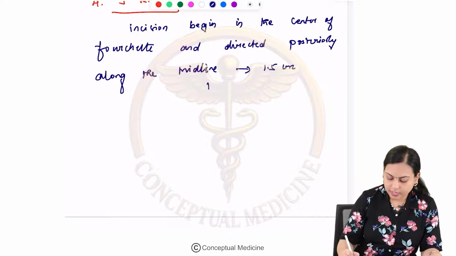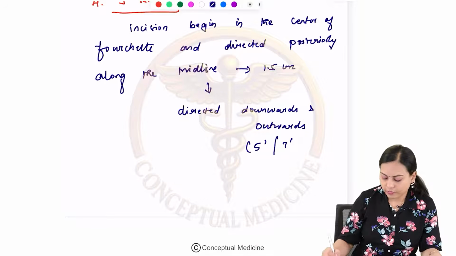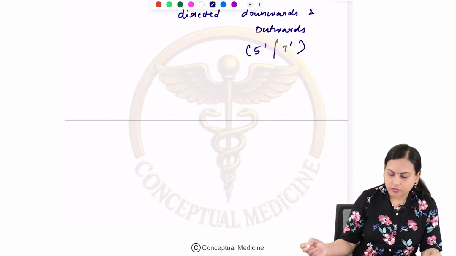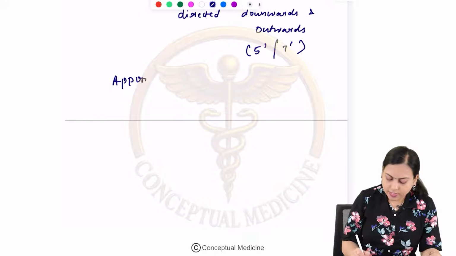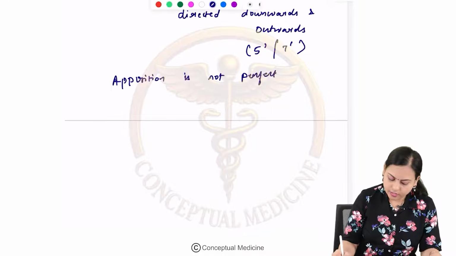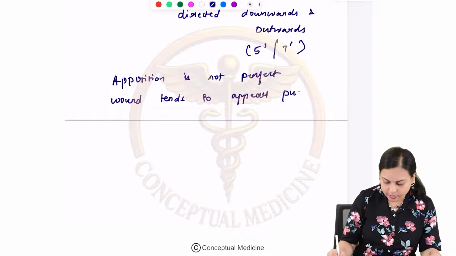Then it will be directed downwards and outwards, just like a letter J. So it can be along the right side or left side, at 5 o'clock or 7 o'clock position, so as to avoid the anal sphincter. The disadvantage here is that apposition is not perfect and sometimes the wound tends to appear puckered. So we are not preferring this incision.